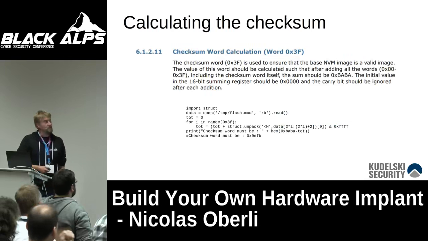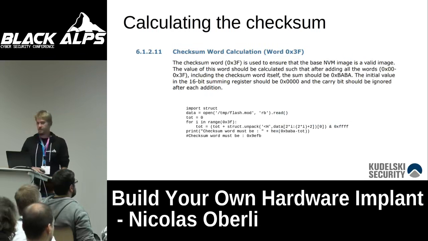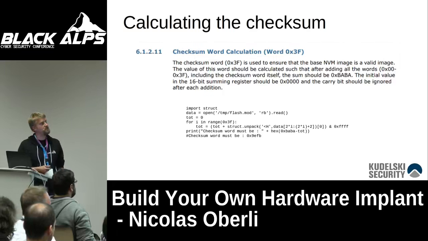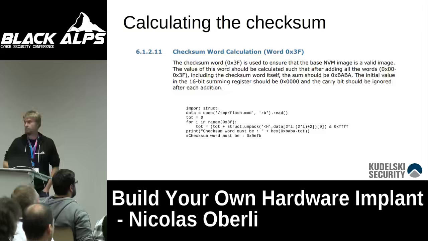So, okay, what the fuck? I got the documentation back, and I forgot to calculate the checksum. Back to the documentation, you read that the checksum word is stored at that specific address on the EEPROM. And it says that the sum of all the bytes on the EEPROM needs to be equal to BABA.